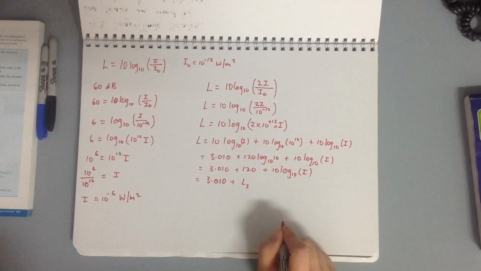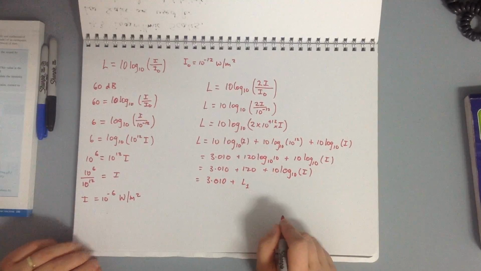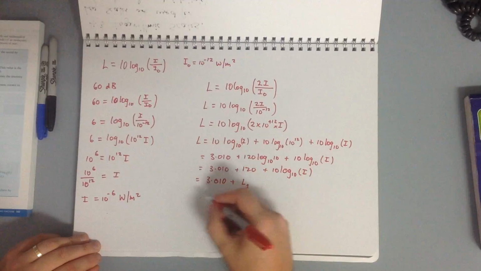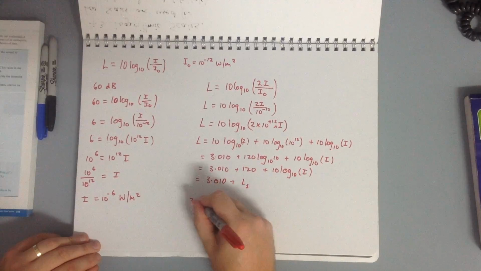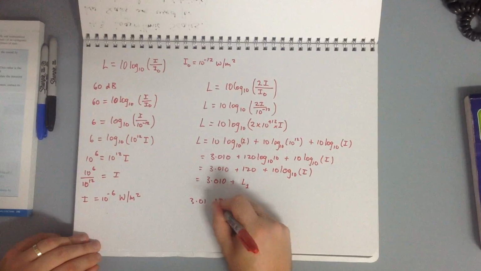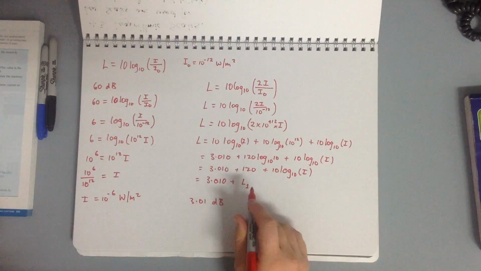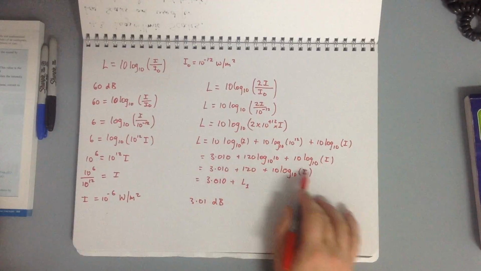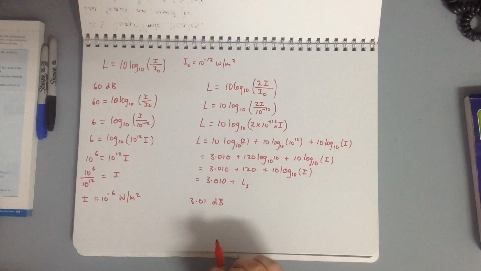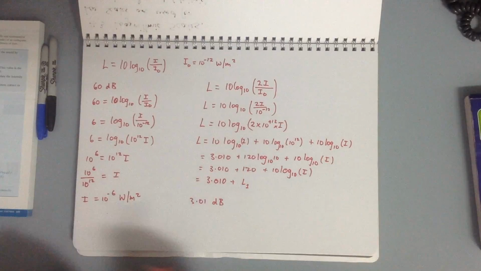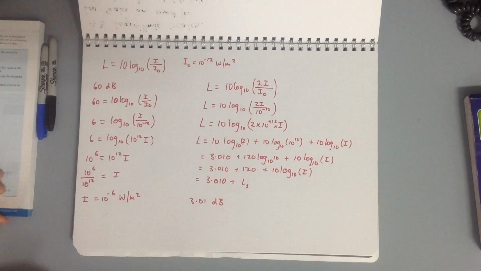So if we double the intensity, we're going to increase the loudness by 3.01 decibels. So this is our original part of our loudness there. And so that's all we've actually got for this section.